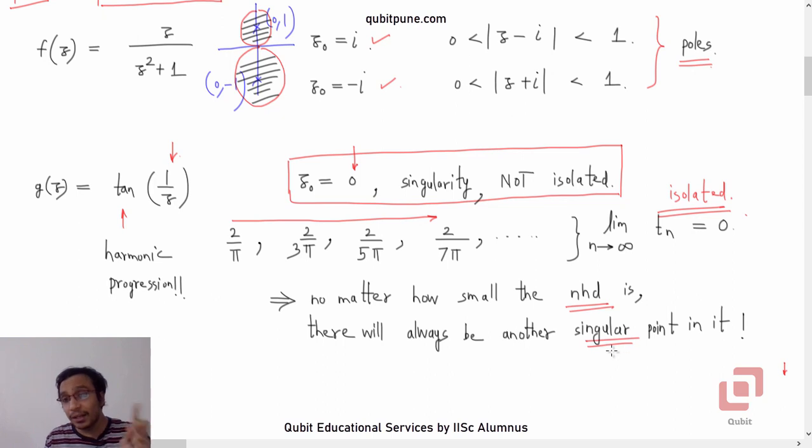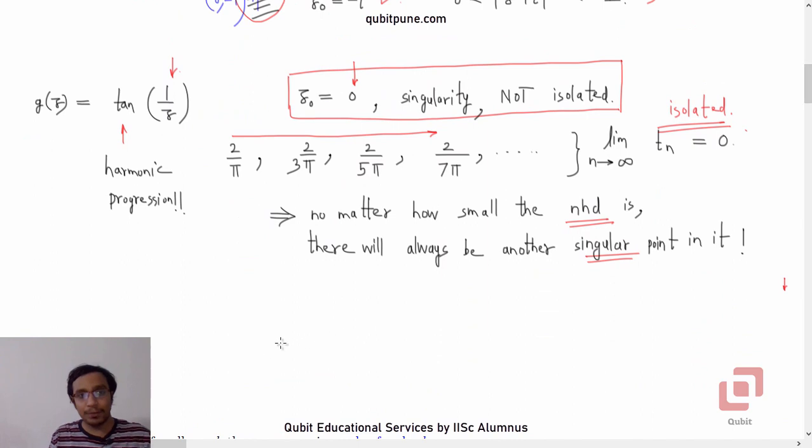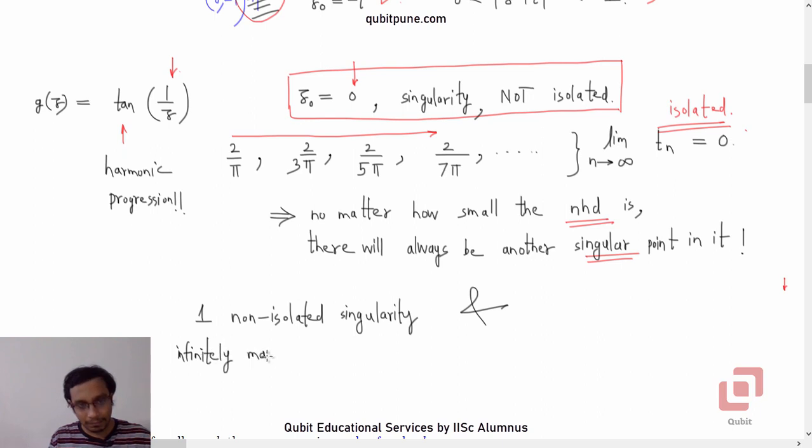Now that singular point you are considering is going to be an isolated singularity as far as the function tan of 1 upon z is concerned, but 0 itself is a singularity, so this violates the definition of isolated singularity. Therefore the function tan of 1 upon z has one non-isolated singularity and infinitely many isolated singularities.